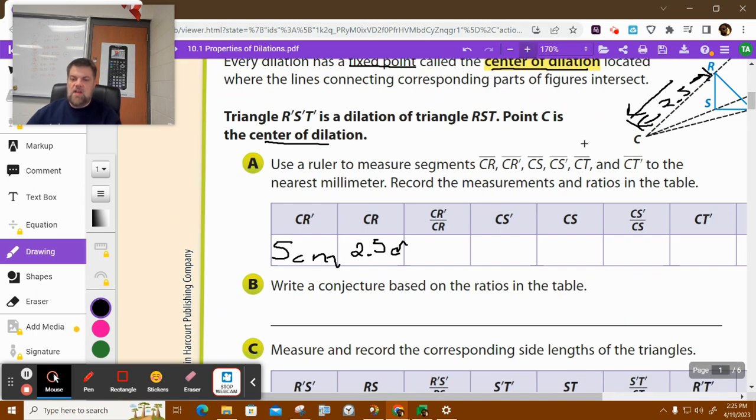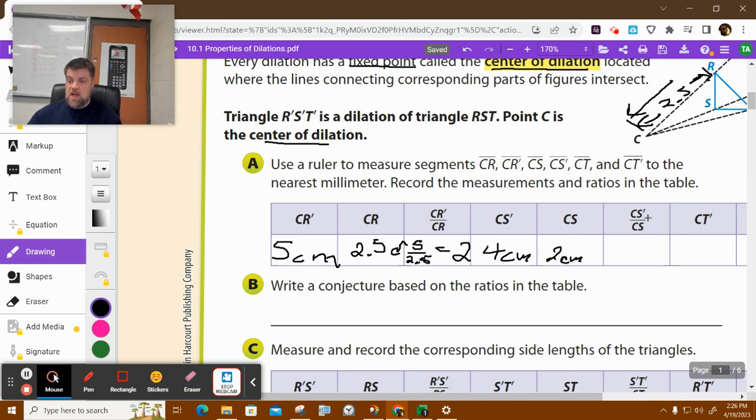Now if I take the ratio of those two, I'm going to say 5 divided by 2.5. What does that reduce down to? 2. Now if I measure C to S prime, that would be 4 centimeters, and then CS would be 2 centimeters.